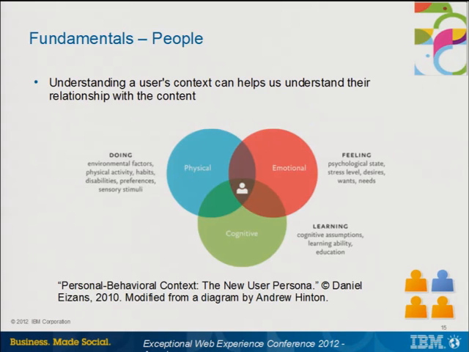So I think this is a really nice summary of what I was talking about earlier, which is that when you're looking at a user's context, understanding their emotional state, their physical and cognitive states are all important in terms of getting into the head of the user, right? Now, this sounds a bit strange, the emotional state of a user.